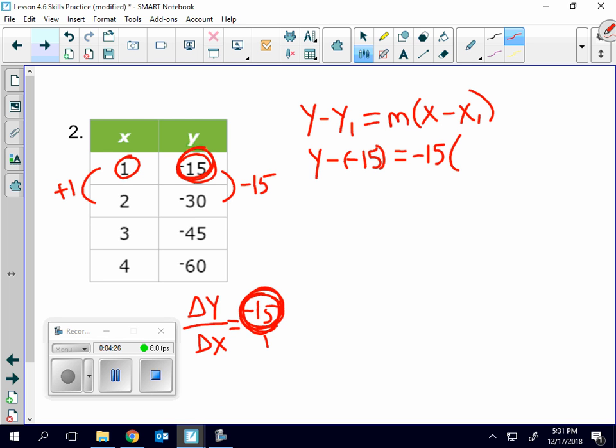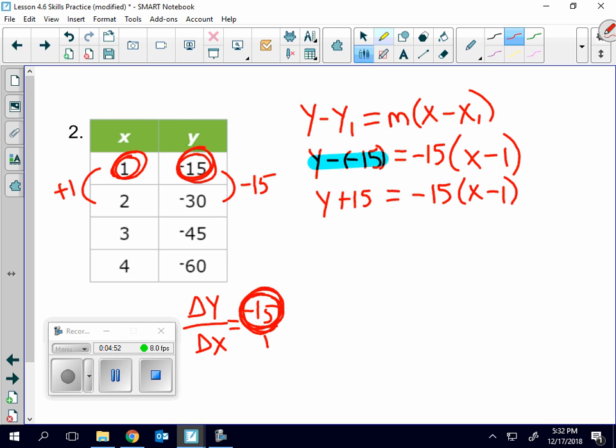So negative 15 for the m times x minus x1 right there. That's a positive 1. Before I do anything, I am going to fix this right here, which means y plus 15 equals negative 15 times x minus 1.